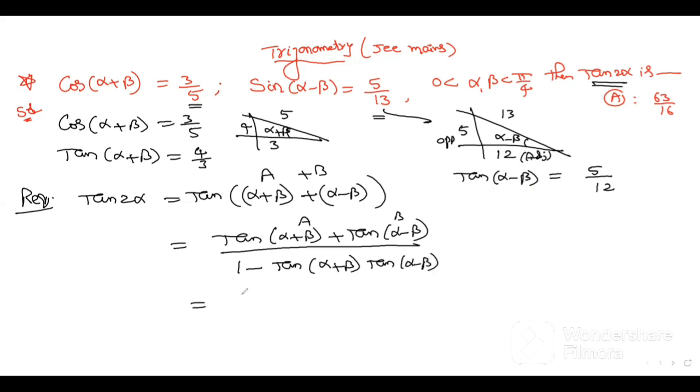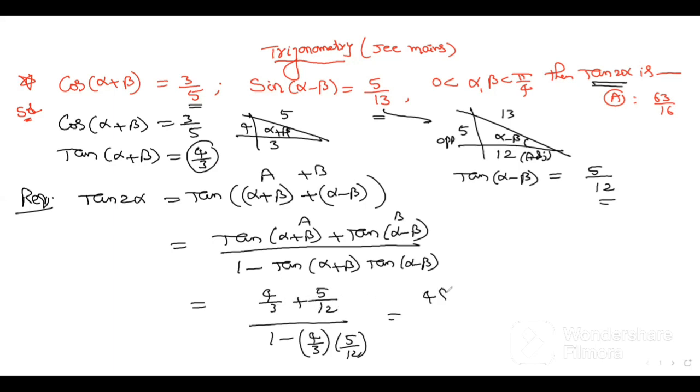Okay, it would be tan(alpha plus beta) from the statement, this value we have got is 4 by 3. Tan(alpha minus beta) here is 5 by 12, by 1 minus 4 by 3 into 5 by 12. It becomes, after what is the LCM here, 12 into 4, 48 plus 15 by 12 into 3.